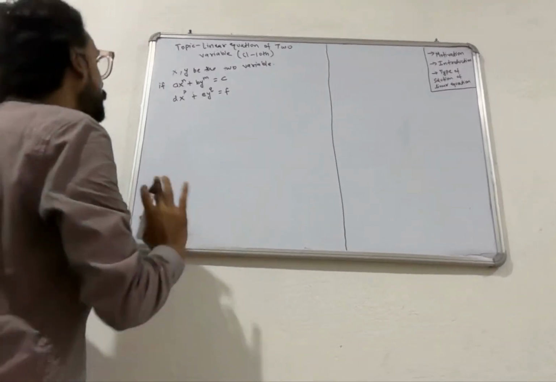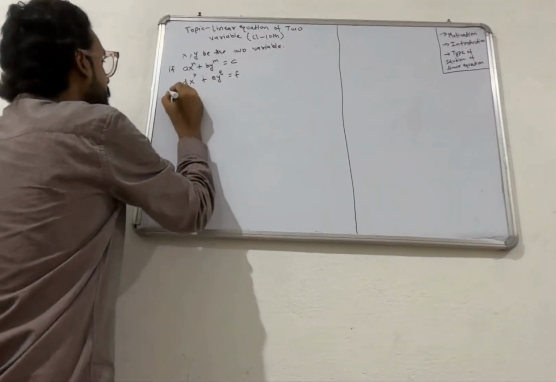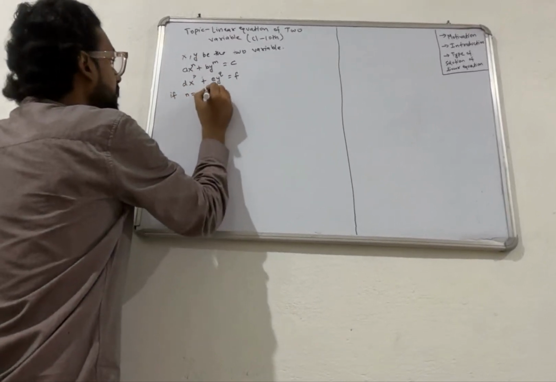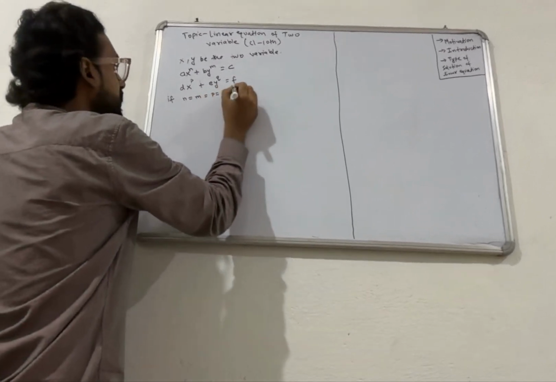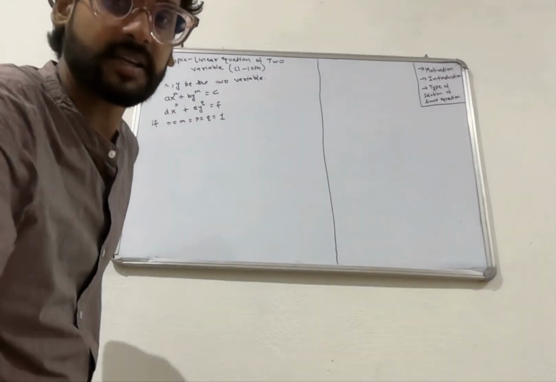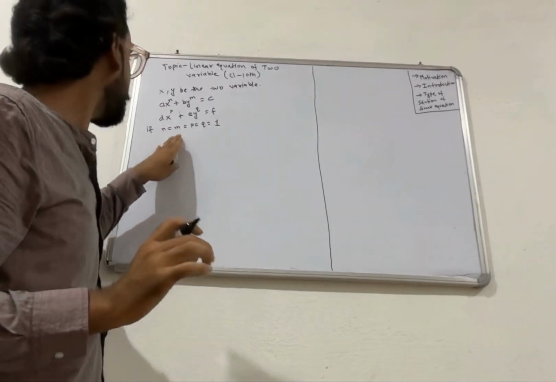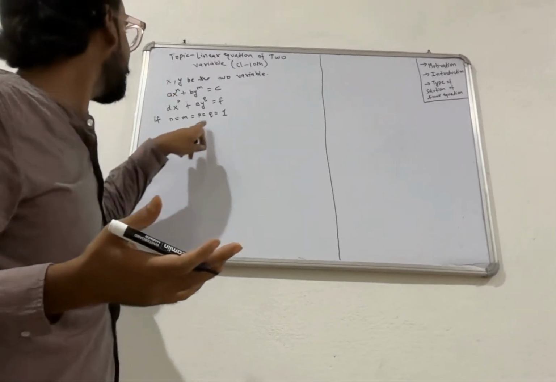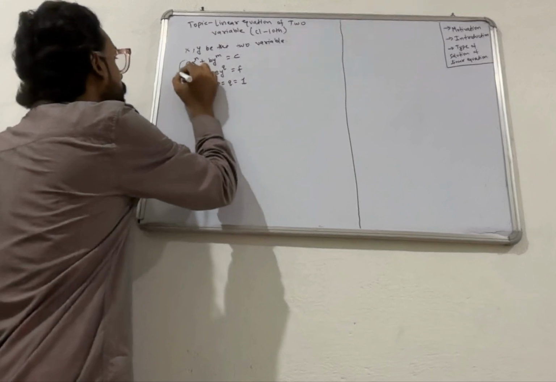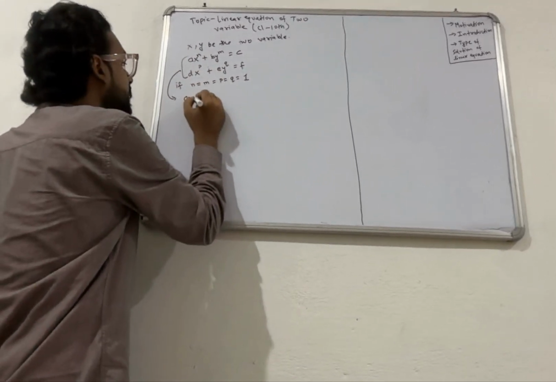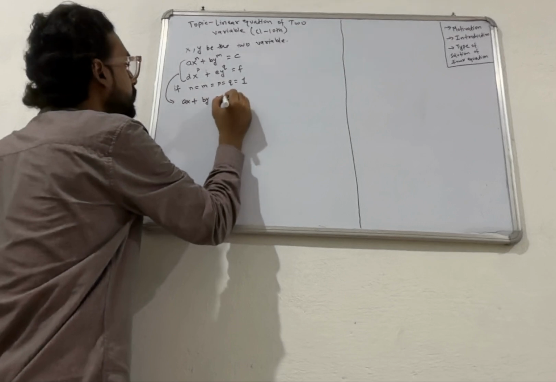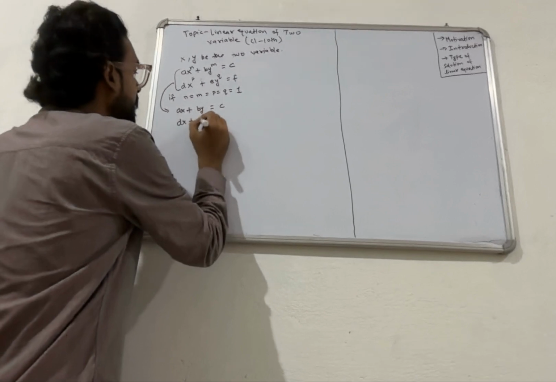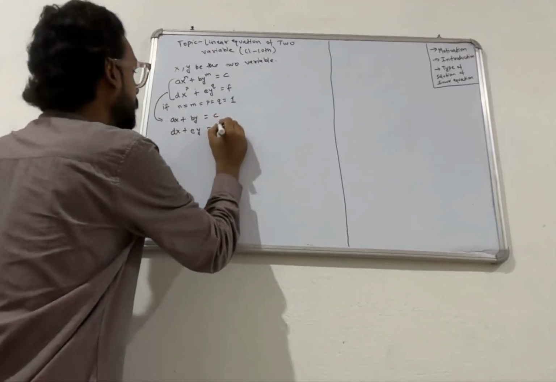Okay, so in this equation, if n is equal to m is equal to p is equal to q is equal to 1, if I assume the power is equal to 1, then this equation becomes ax plus by is equal to c, and the other is dx plus ey is equal to f.